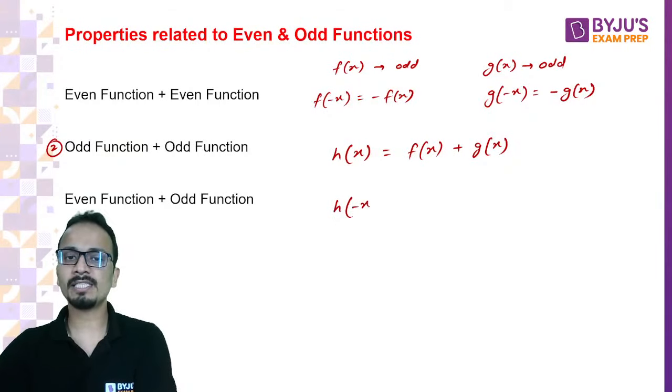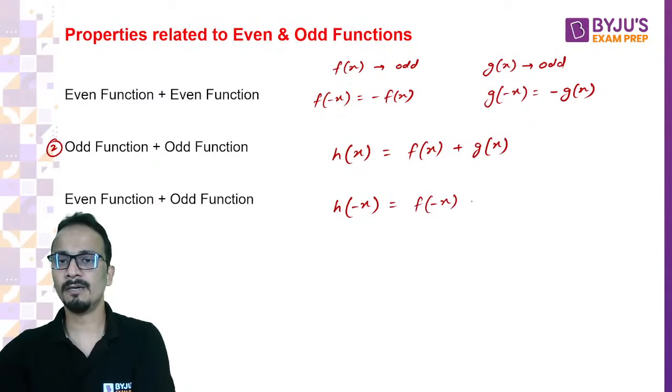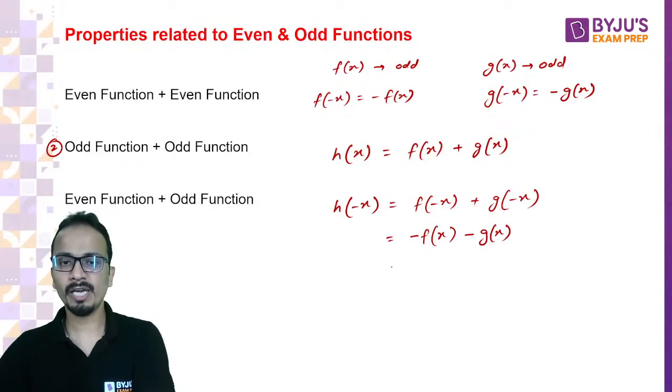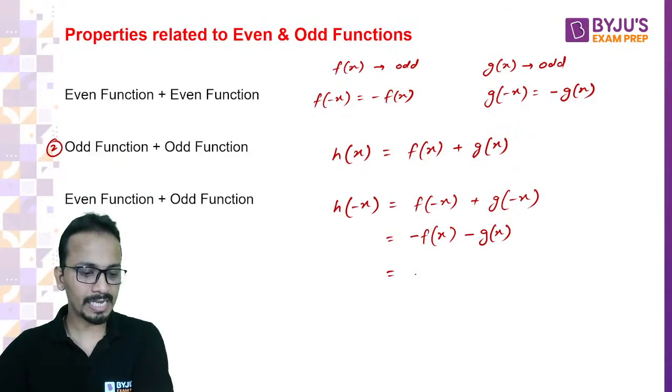So h of minus x will become f of minus x plus g of minus x. All right. Now f of minus x, since it is an odd function, I can write it as minus of fx, minus of gx. Okay, and this can be written with a negative common.